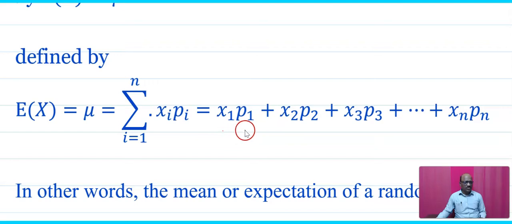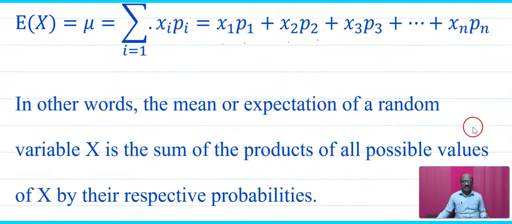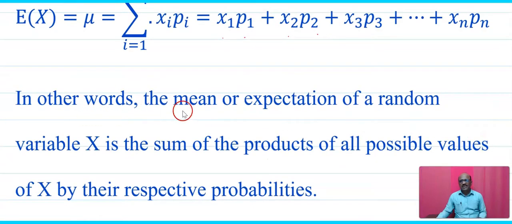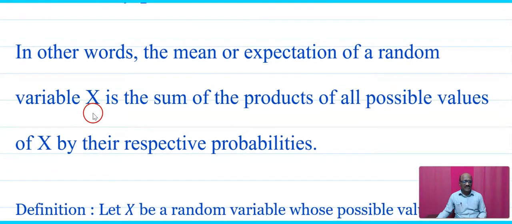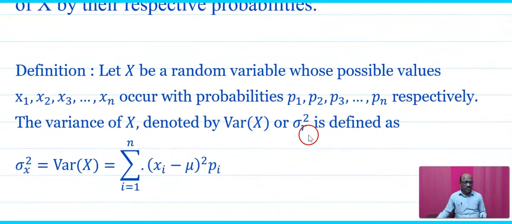That is x1 into p1, x2 into p2, x3 into p3 plus and so on, and the last is xn into pn. In other words, the mean or expectation of a random variable capital X is the sum of the products of all possible values of X by their respective probabilities.